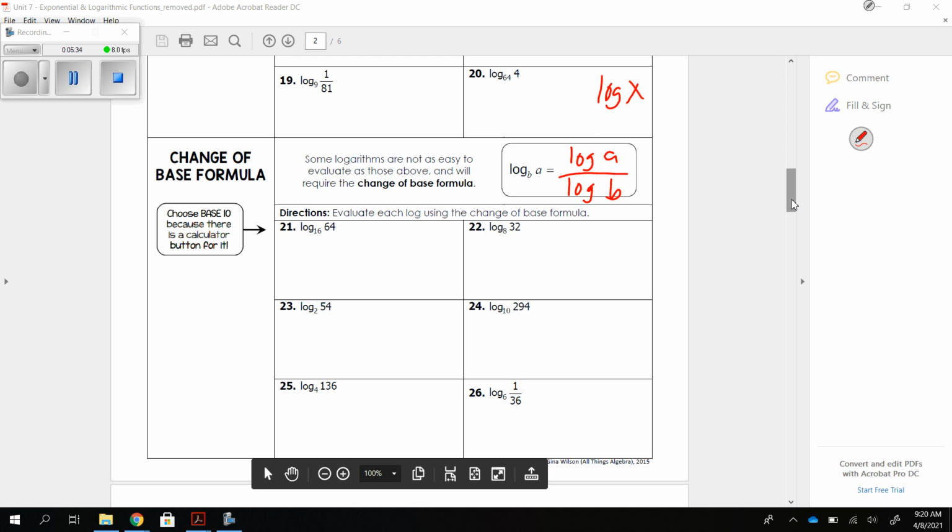This is what we need to do. Remember, follow the formula. Log of 64 over, oops, see? I make mistakes too. Log 64 over log of 16. You'll type that in the calculator and you'll get 1.5. All right, that's it.